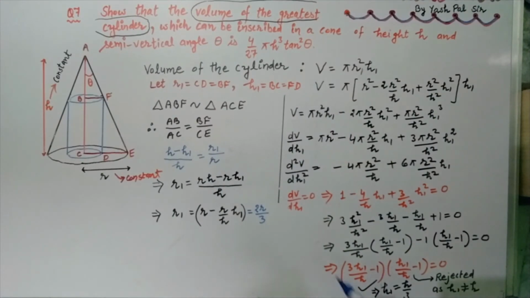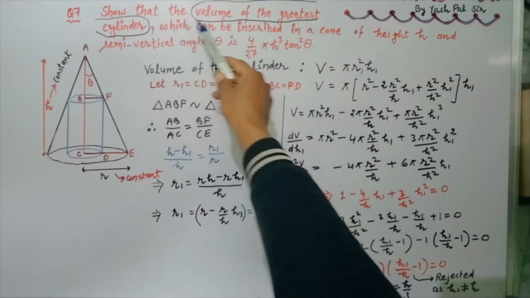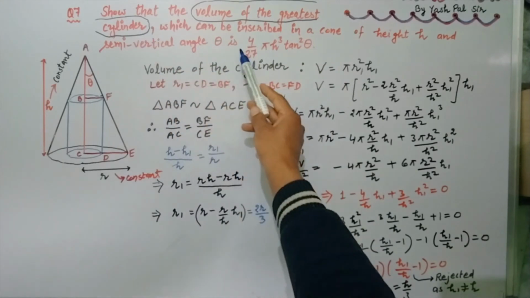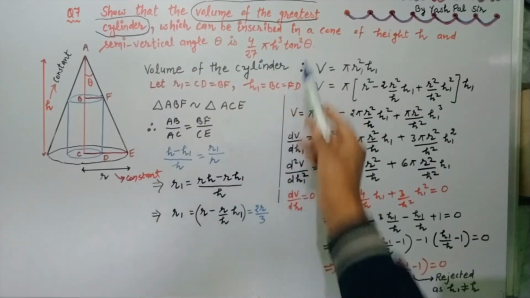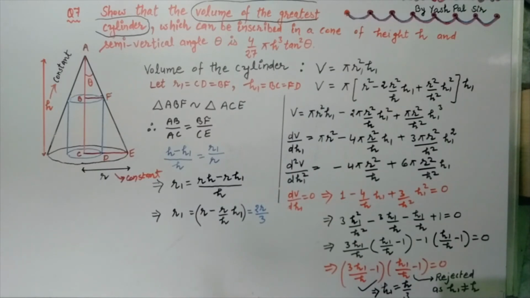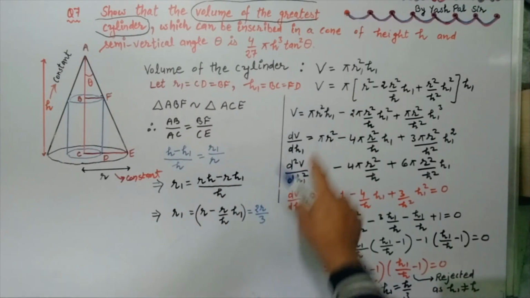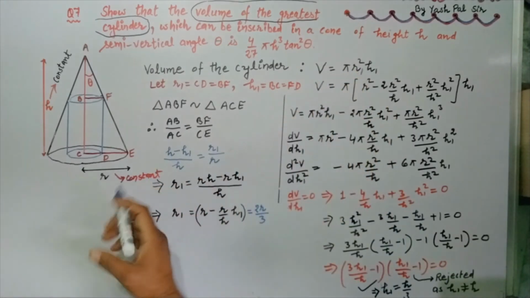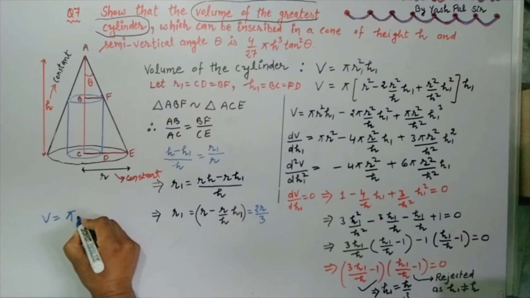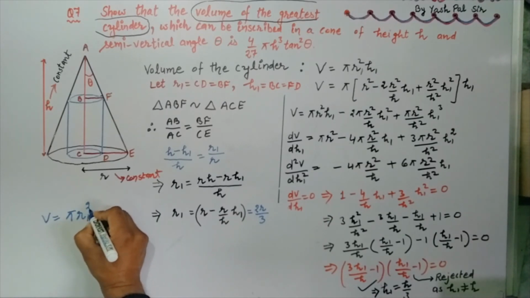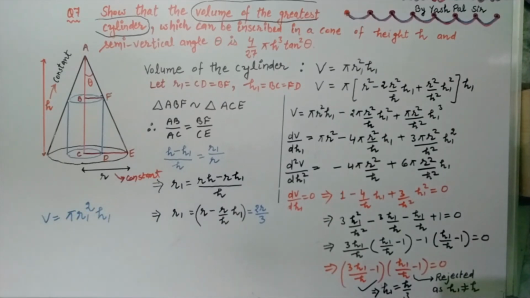Now what is the statement? Show that the volume of the greatest cylinder is 4 upon 27 pi h cube tangent square theta. So we have the values h1 is equal to h upon 3, r1 is equal to 2r upon 3. We substitute these values here in volume. What is volume? V is equal to pi r1 square into h1.